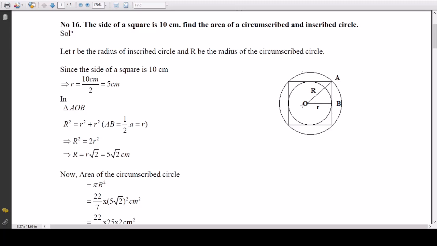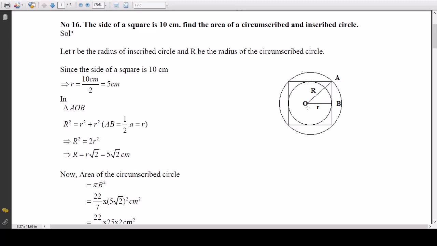Now the radius of the small circle is r, which is half of the length of the side of this square, that is 10 by 2, which will be 5 centimeter. Now in this triangle AOB, you find out the length of OA, which is the hypotenuse.